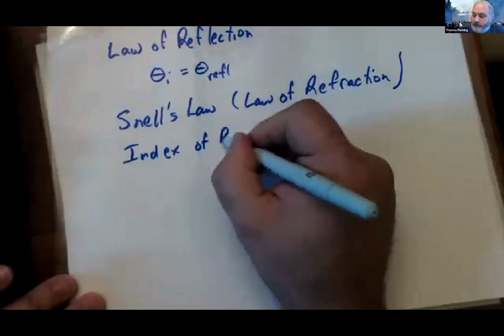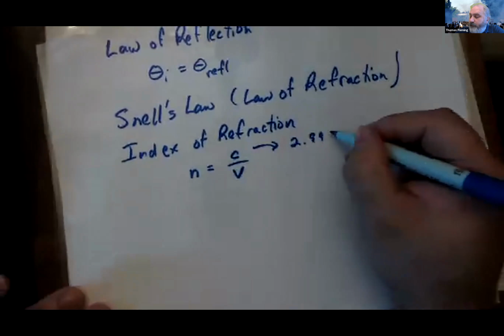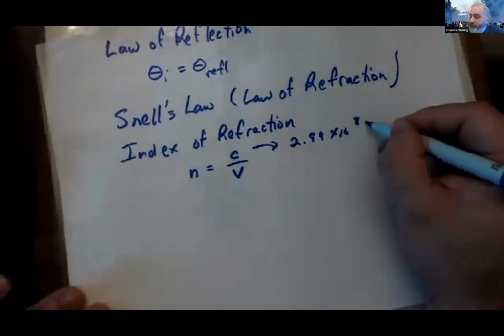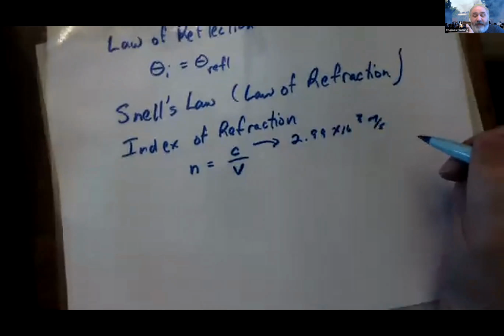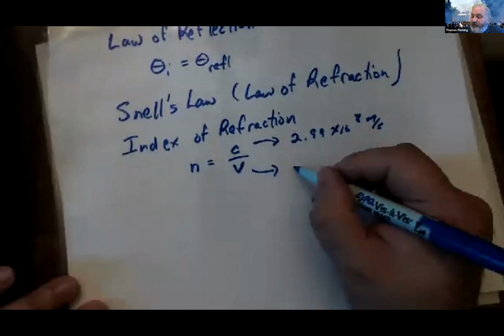For any material, we define the index of refraction as the ratio of the speed of light in vacuum, which is what we call the letter C, divided by the speed of light in that material. In vacuum, the speed of light C is 2.99 times 10 to the 8th meters per second. That's super easy. Here, this is the speed of light in whatever my new material is.